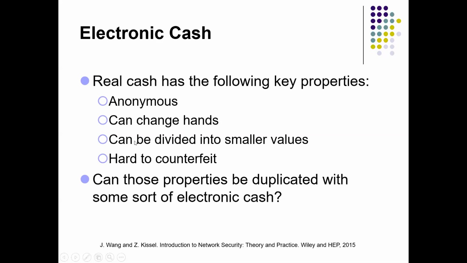The third is that cash of certain values can be divided into smaller values. And of course, it has to be very difficult to counterfeit, using all sorts of technology, such as hidden images, sequence numbers, special kinds of inks, and high quality paper, that sort of counterfeit technology on cash.